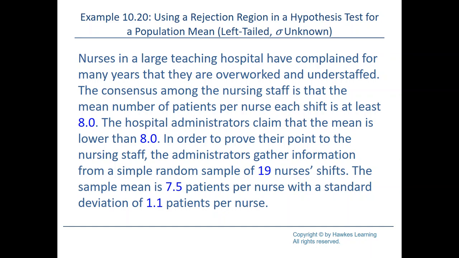In order to prove their point to the nursing staff, the administration gathers information from a simple random sample of 19 nurses' shifts, and the sample mean is 7.5 patients per nurse with a standard deviation of 1.1 patients per nurse.